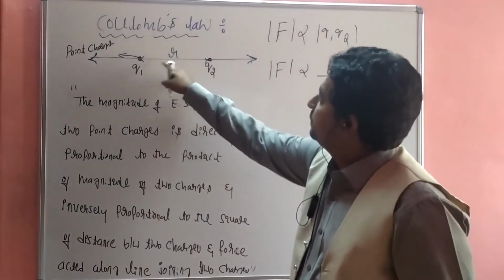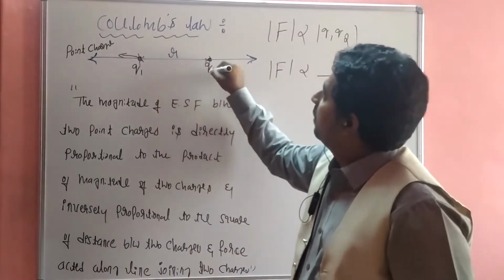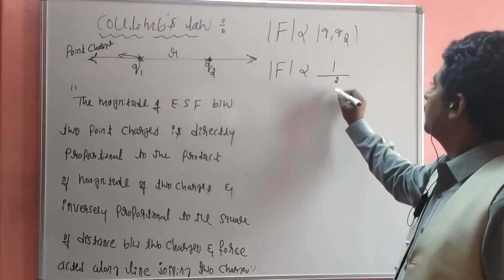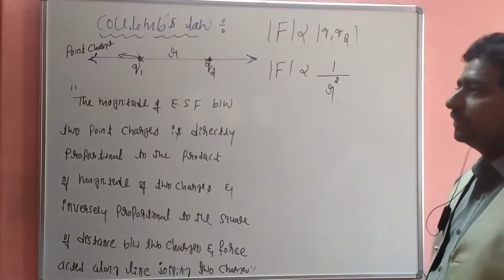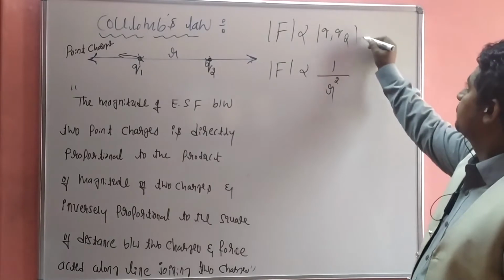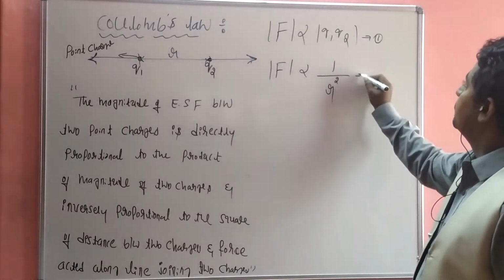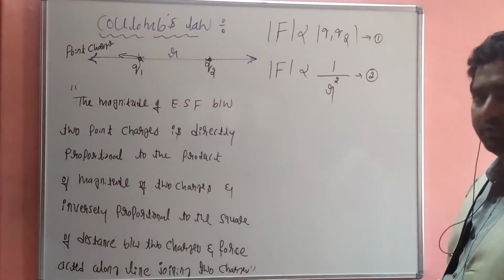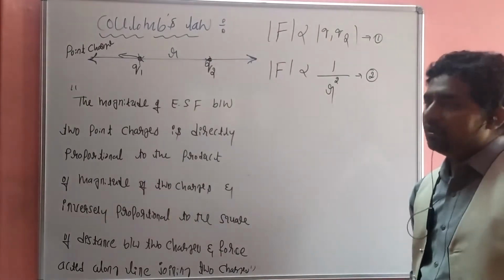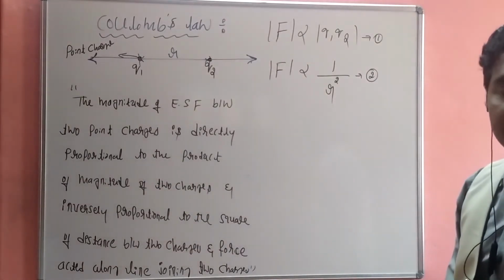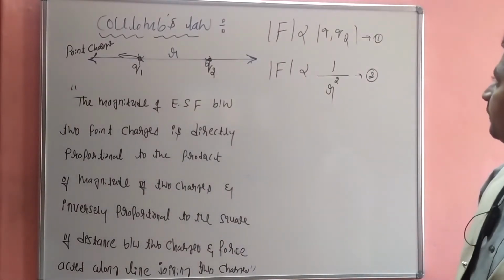So what is the distance between these two charges? R. Square of the distance between the two charges. So this is the statement of Coulomb's law, or electrostatic force between the two charges.